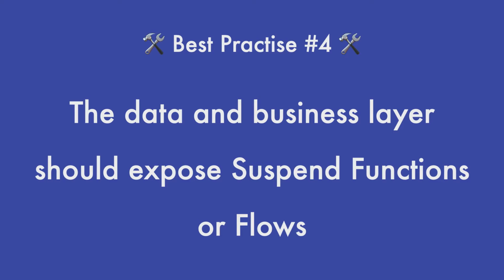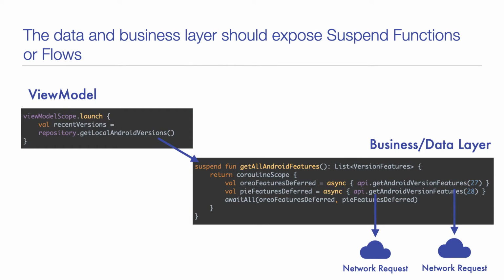However, there are two common situations in which we do want to start new coroutines in the business or data layer. The first situation is whenever we want to achieve concurrent behavior. This could be the case if we, for example, want to perform multiple network requests in parallel.